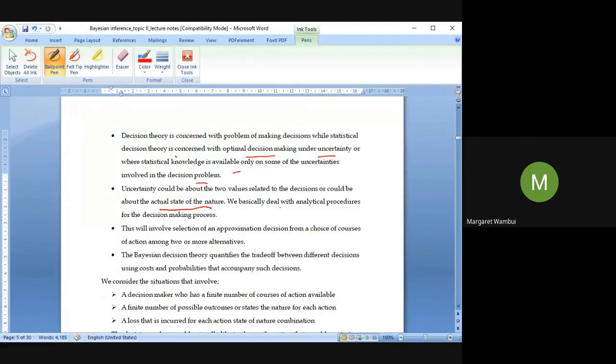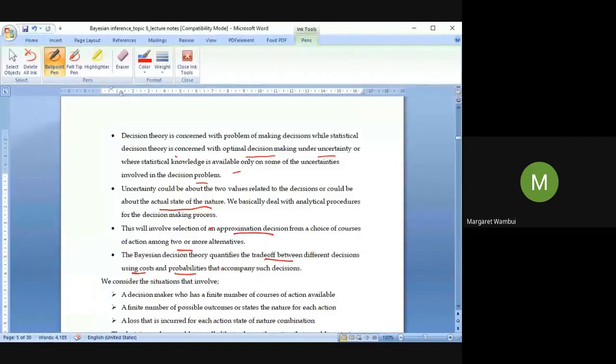So we basically deal with analytical procedures for the decision-making process. This will involve the selection of an appropriate decision from a choice of courses of action among two or more alternatives. Decision theory quantifies the trade-off between the different decisions using costs and probabilities that accompany such decisions.